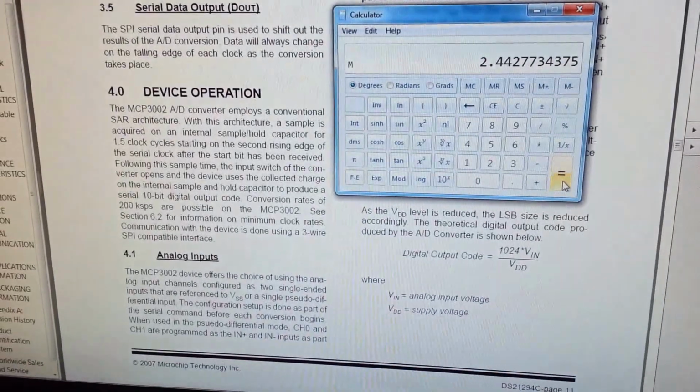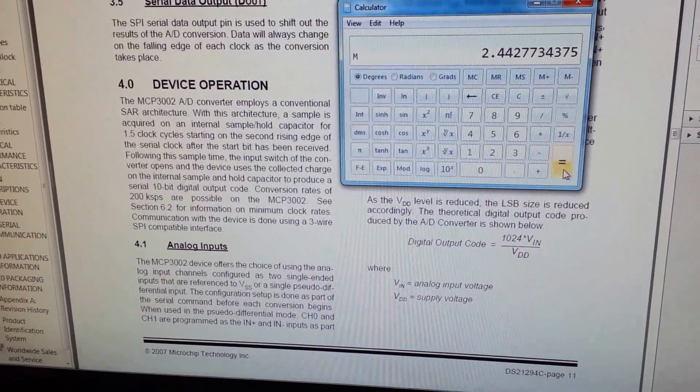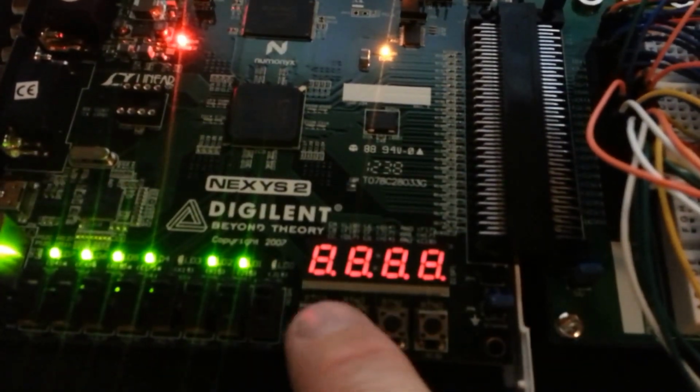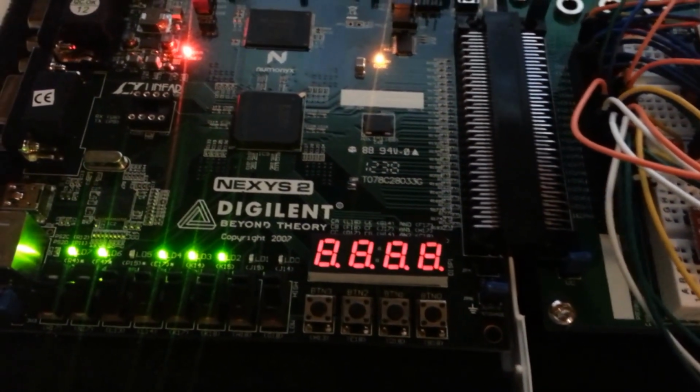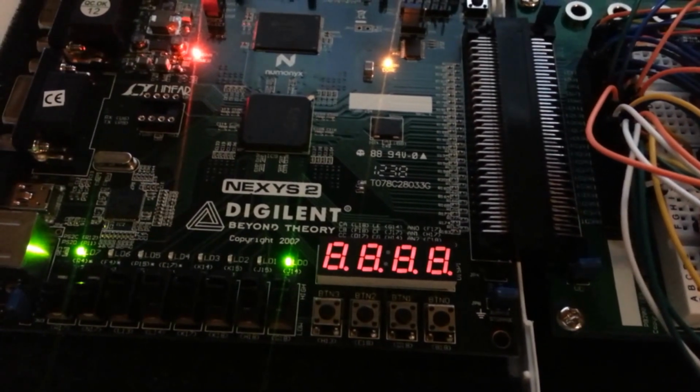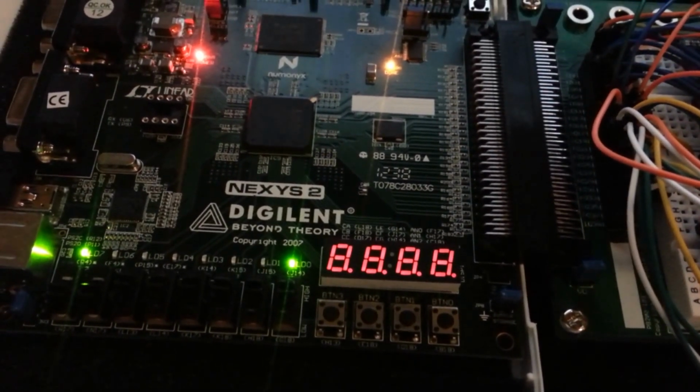So let's try to see what happens when the lights are off. Let's see if we get a different value. So now our conversion, let's go ahead and do that quick.